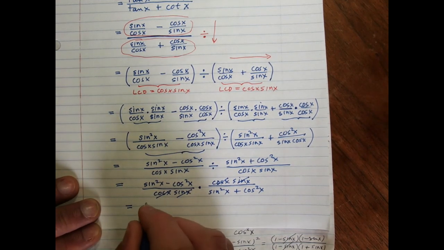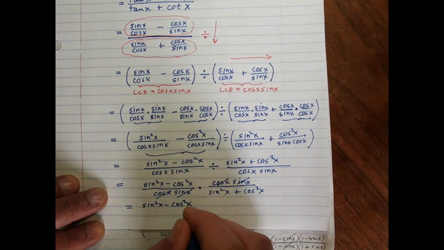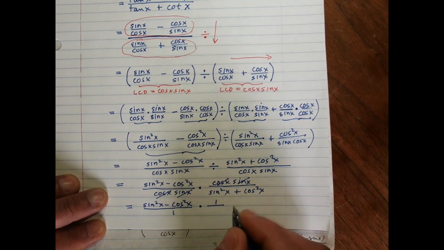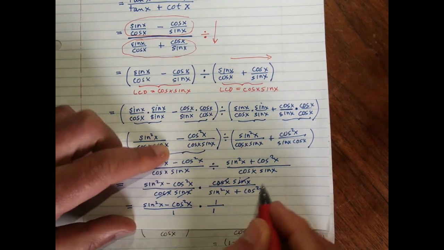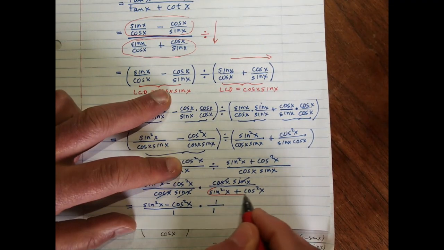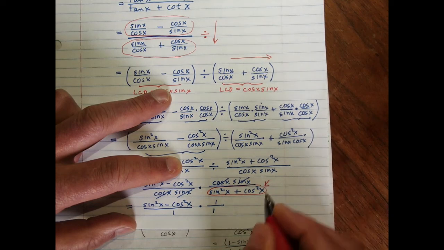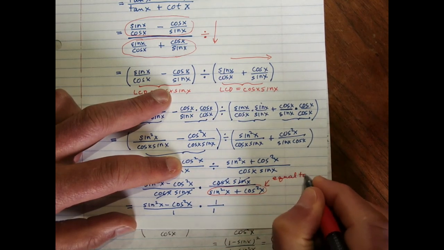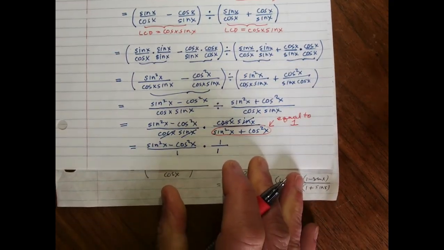In other words, we have sine squared x minus cosine squared x over 1, times 1 over, I can just write 1, because whenever we see sine squared x plus cosine squared x occur in a trig problem, it is equal to 1. You can replace that sum of squares with the 1.